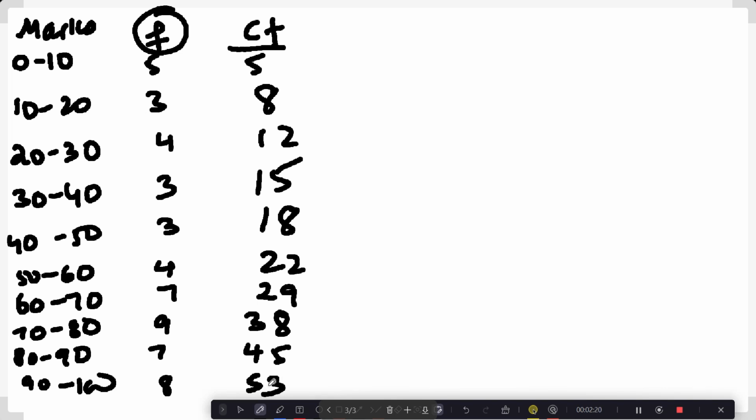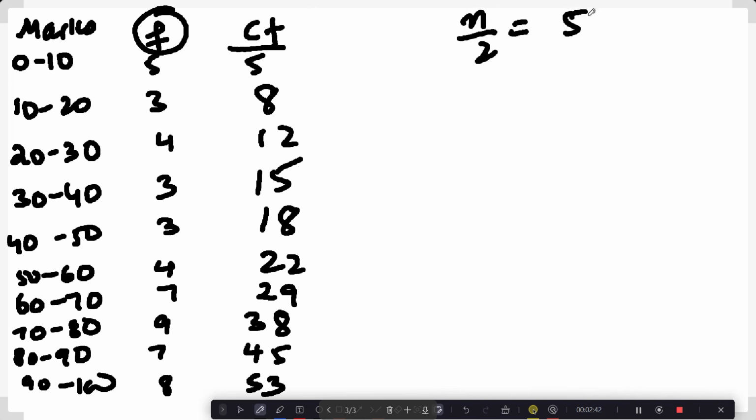ठीक है? Now how do we find out the median here? First, we have to find the middle observation, right? So we have to find out the cumulative frequency of all the classes, right? And what is n by 2 in this case?